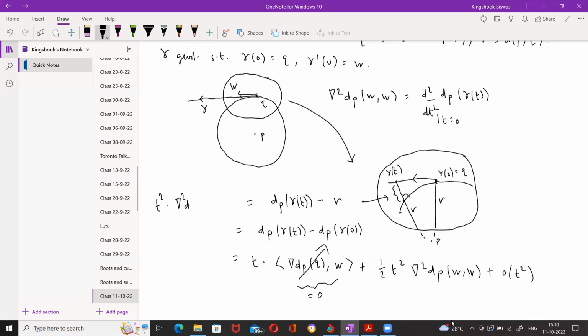Geometrically, this little difference is the Hessian, times 1 plus little o of 1. There's a half t squared there.